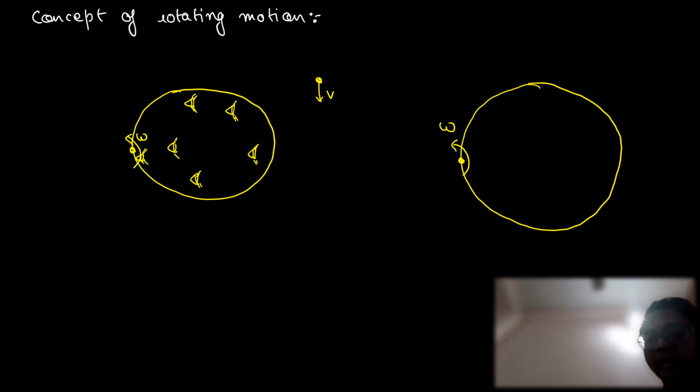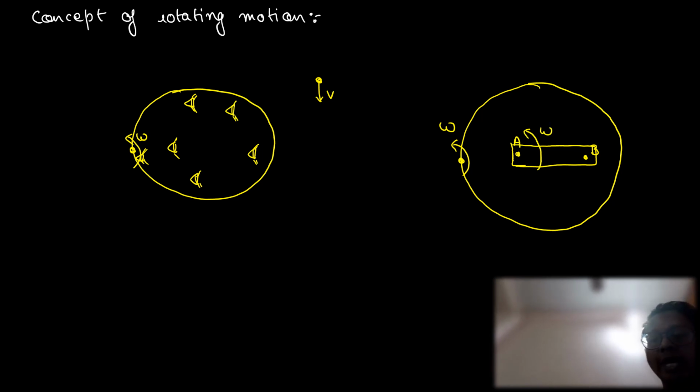That means suppose this disk is rotating with angular velocity omega. Now let us take point A and point B. Point B will rotate around point A with angular velocity omega.